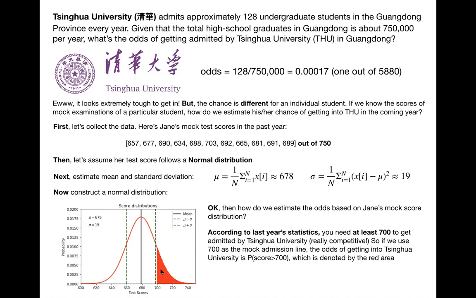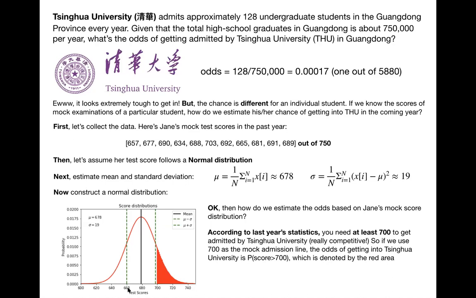According to last year's statistics, if you want to get into Tsinghua University, which is really competitive, you need at least 700 as your admission grade to pass the admission line. So the chance of getting admitted is basically the probability that a normal variable is greater than 700, which is this red area.